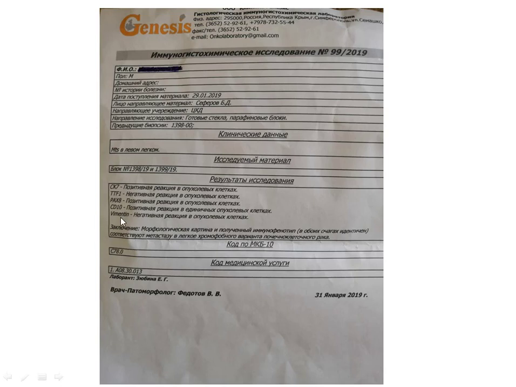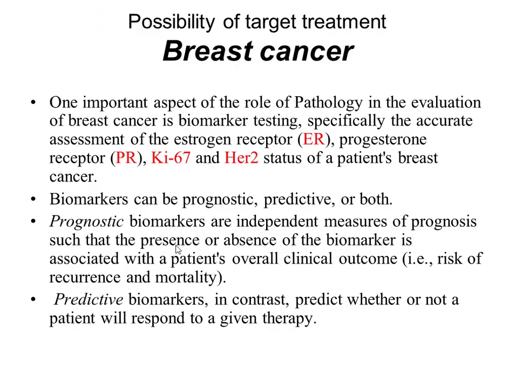Conclusion: morphological picture and immunophenotype of the tumor mass accompanied with metastasis of the chromophobic variant of the renal cell carcinoma into the lung.